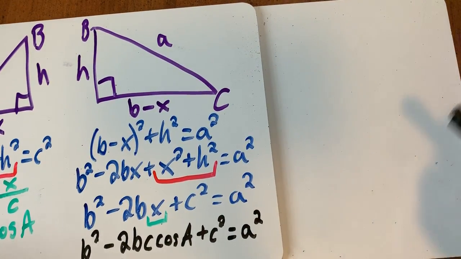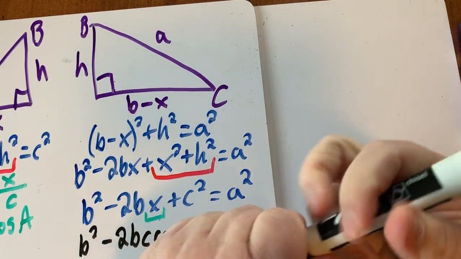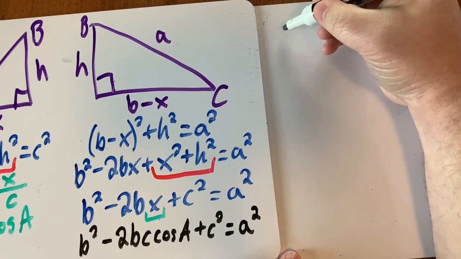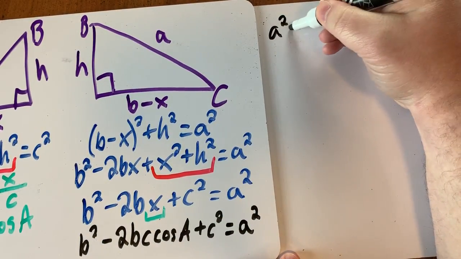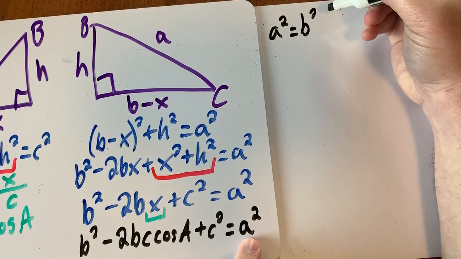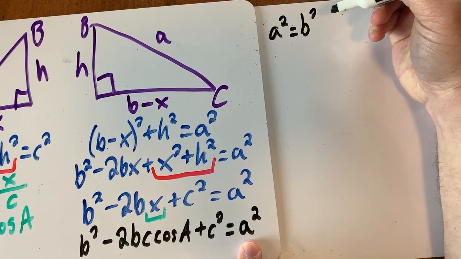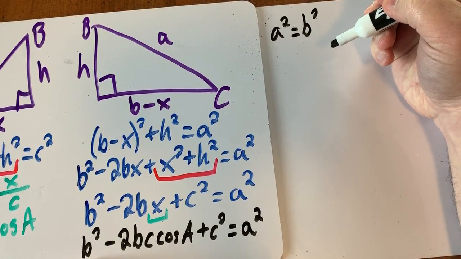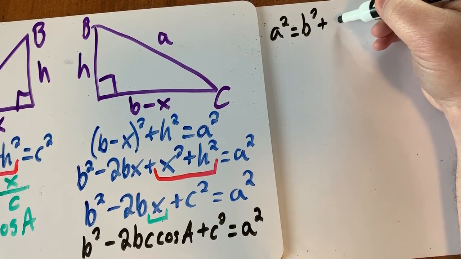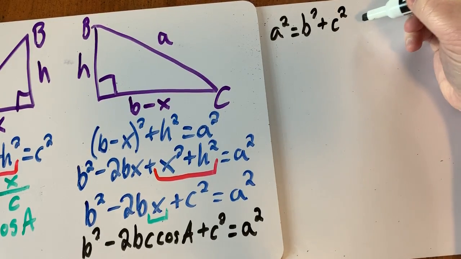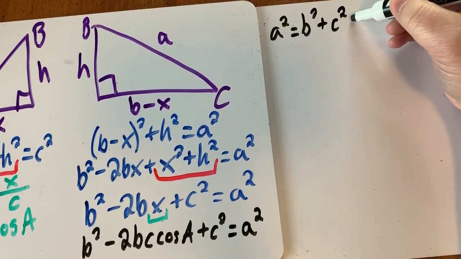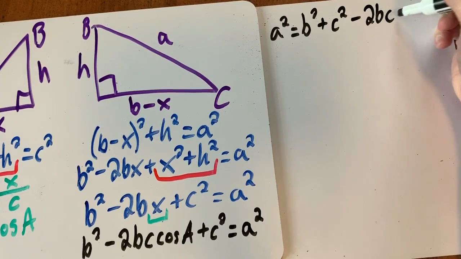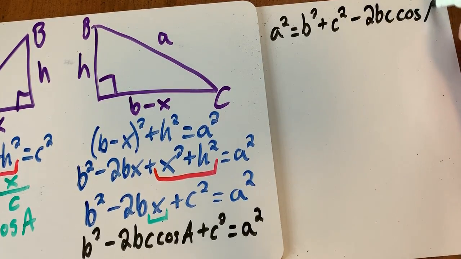We had this. I'm just going to write it like this. A squared equals, so that term is isolated, I just changed sides. So we have b squared and c squared. A squared equals b squared plus c squared, and then minus 2bc cosine of A.